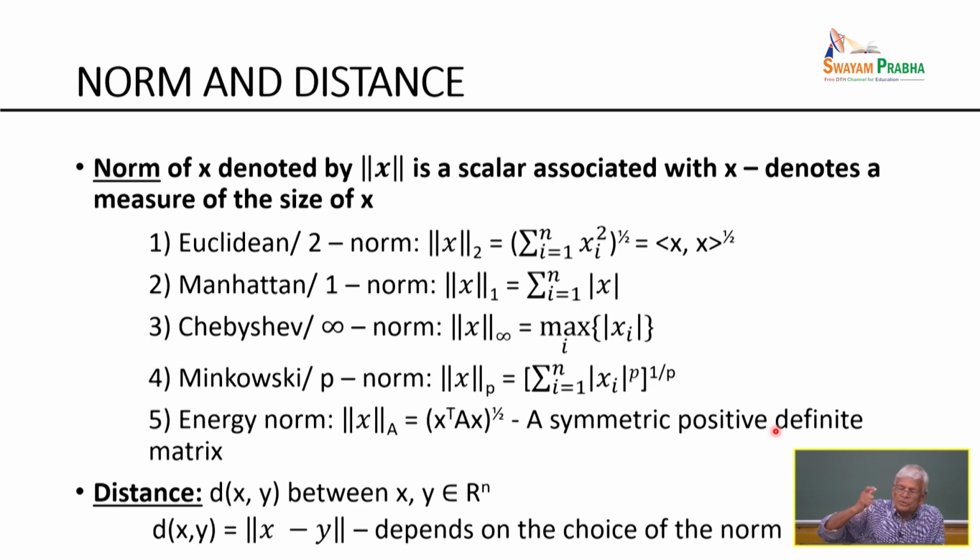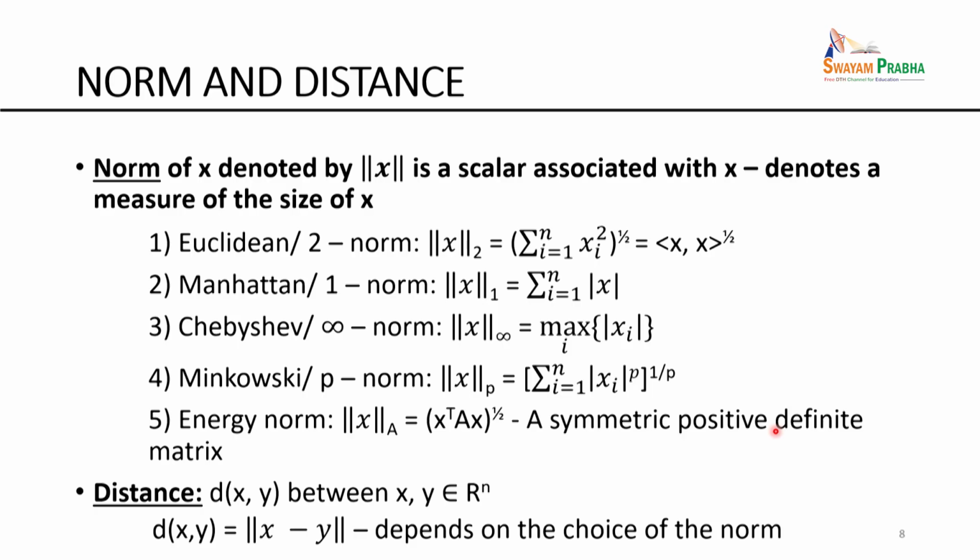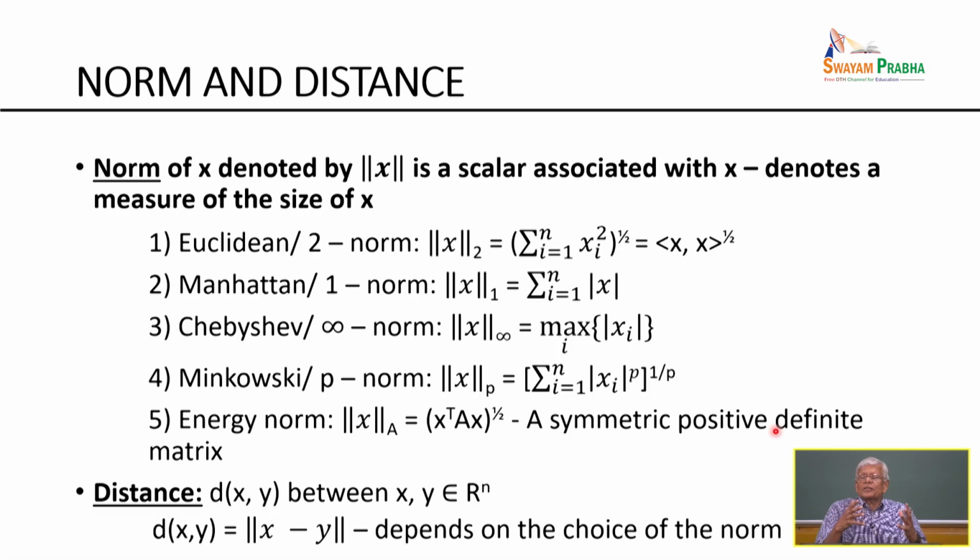Now I am going to introduce another measure. Vectors are objects. If I have real numbers, how do I measure the size of a real number? Absolute value. The absolute value of a real number tells you the size of that number. The absolute value of -3 is 3. The absolute value of 10 is 10. Absolute value tells you the distance of that number from the origin.